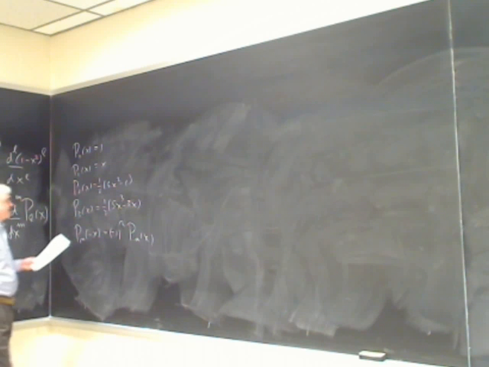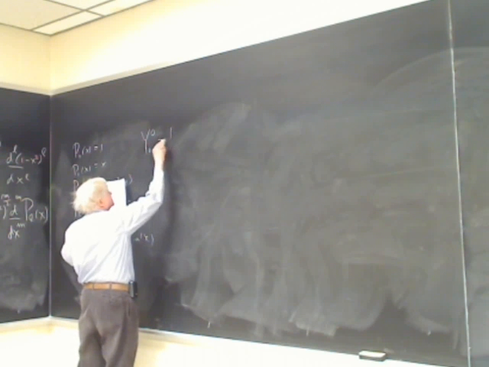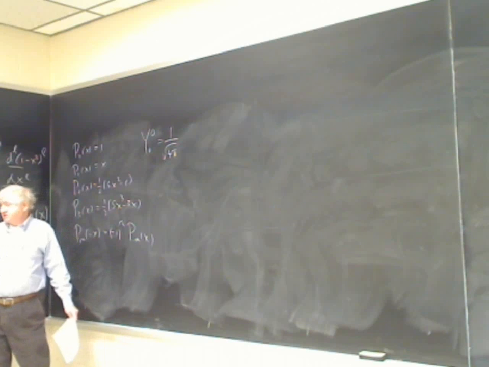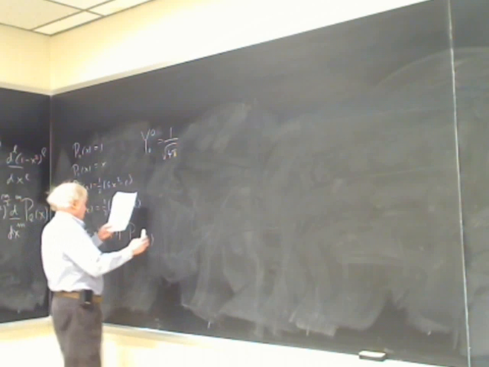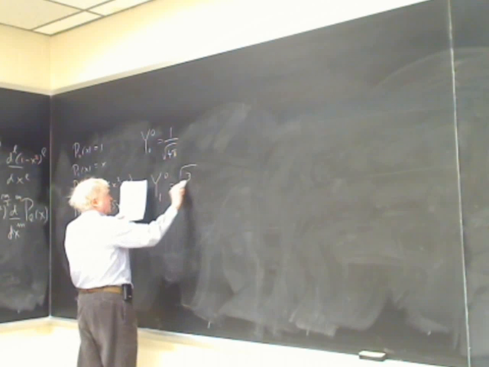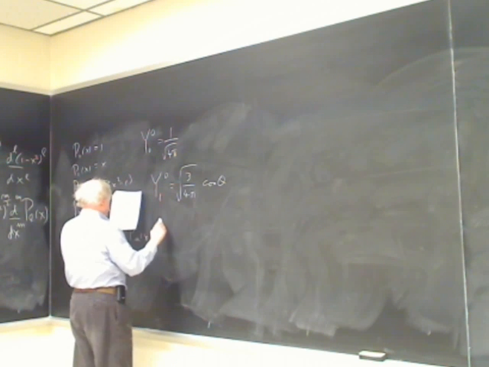The Y's are pretty simple also. Y_00 is just 1 over the square root of 4 pi. That's so that you have the normalization, right? Y_10 is square root of 3 over 4 pi cosine theta.